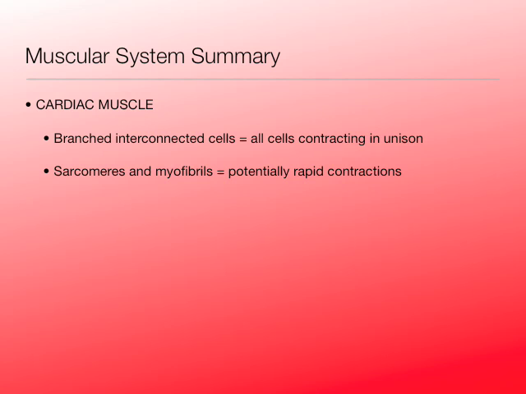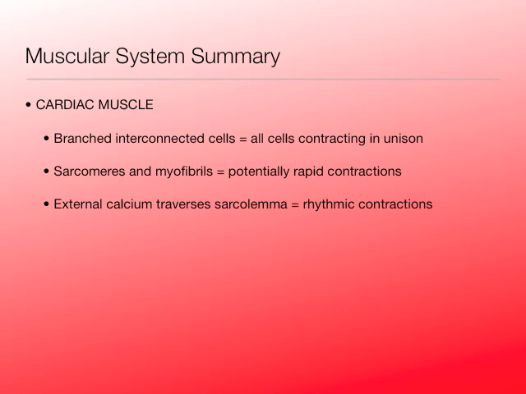That organization gives me potentially rapid contractions, and then the external calcium moving back and forth slows things down to give me that pulsing contraction, right? So the heart can beat fast.